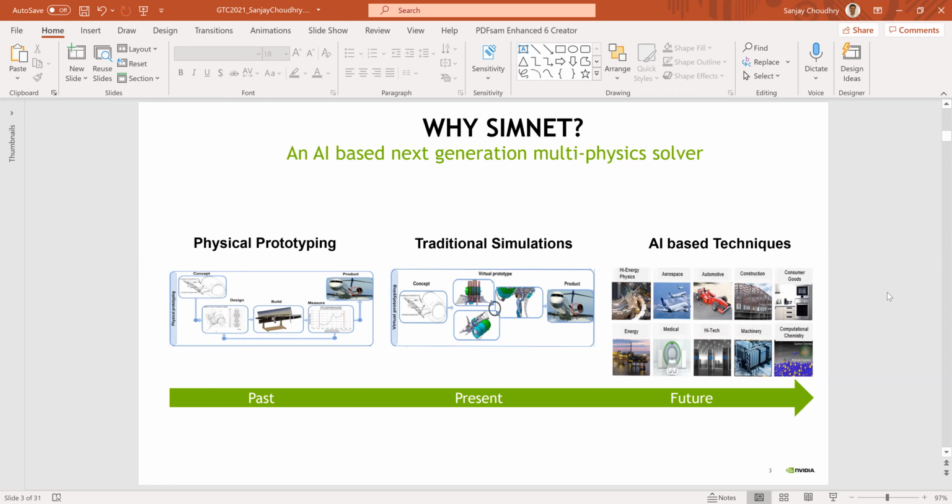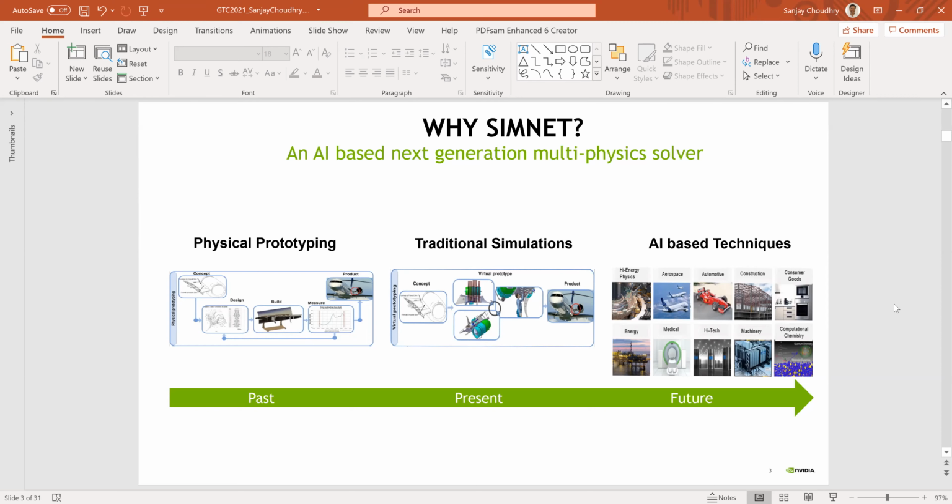And then recently, AI-based techniques for simulation, and this is where we believe the future is going to go, for the simple reason that not only can they address what the traditional simulations can address, but they can also address a lot more that traditional simulations today cannot address and will never address, just because of the limitations that are inherently there.